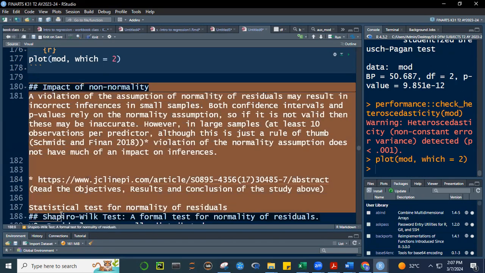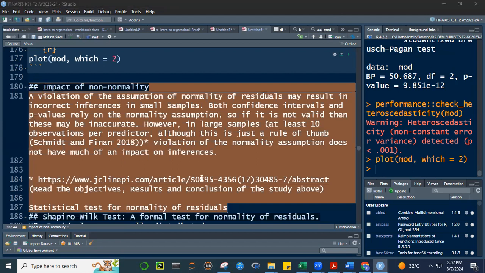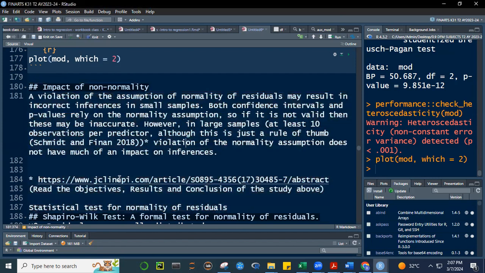Okay, so let me share this with you. So I provided here, class. Tingnan natin 'to in a while lang. So pag na-violate yung normality ng residuals natin, pwedeng magka-problem pag small samples.